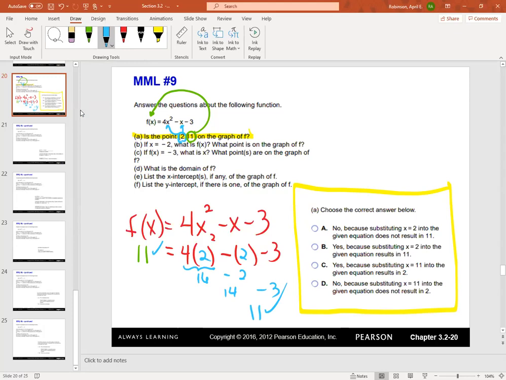I know it's yes. Yes, because substituting x equals 2 into the given equation results in an 11. That's what I did. I substituted x is equal to 2 right here, and I got 11. So it's B. B for boy, that was easy.